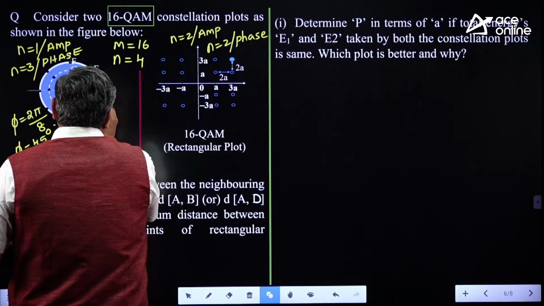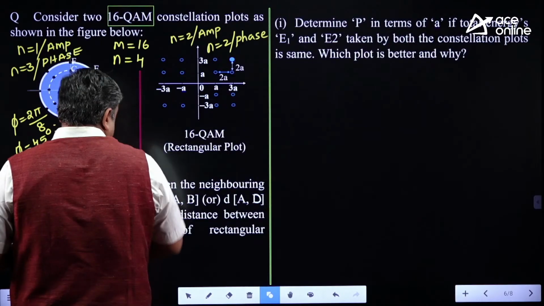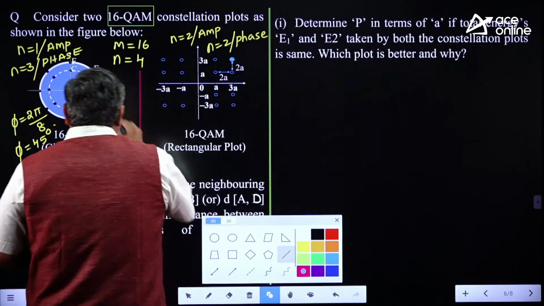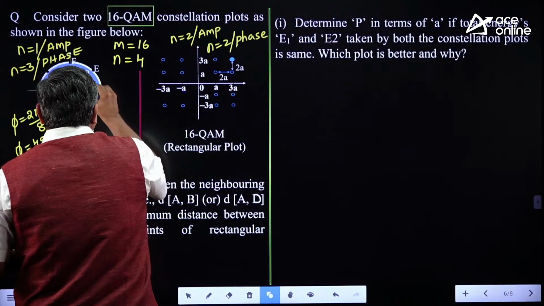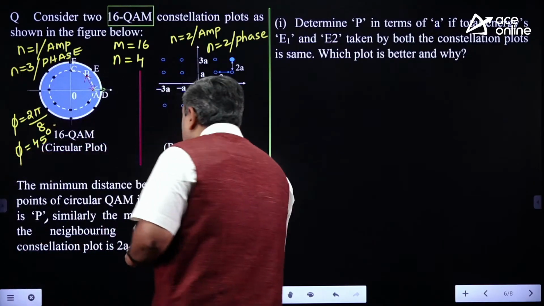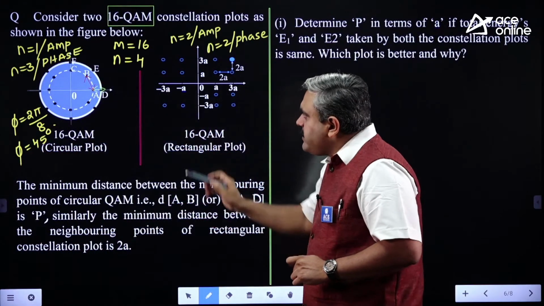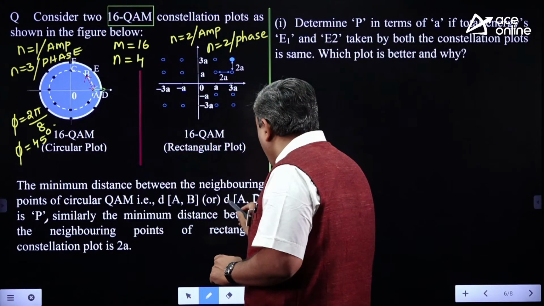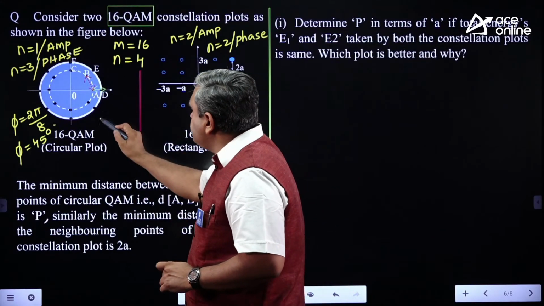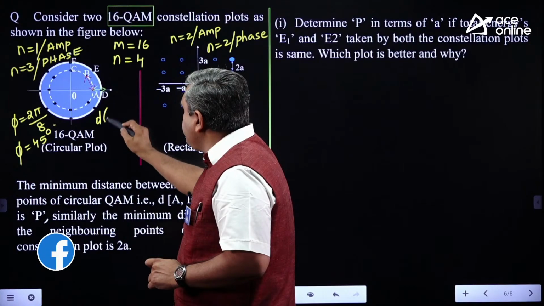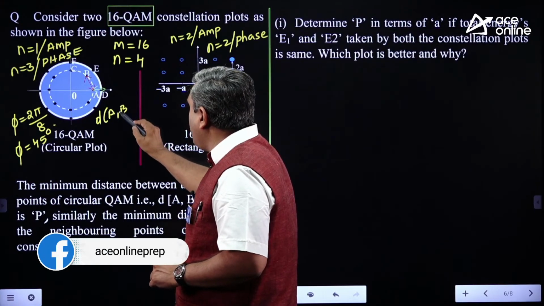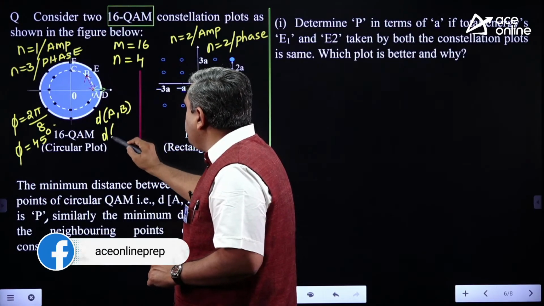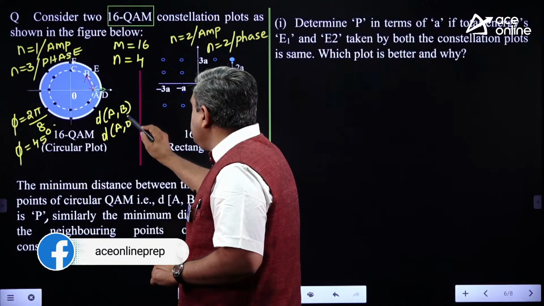This is what we refer to as d minimum. That is the data given to you. So the minimum distance between the points A and B or A and D is P.